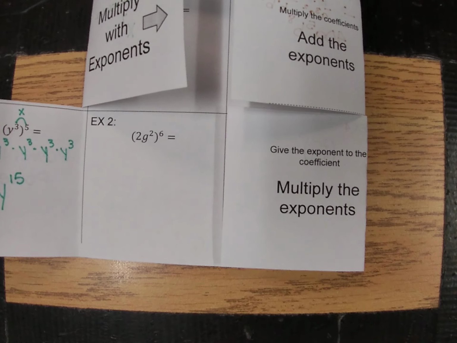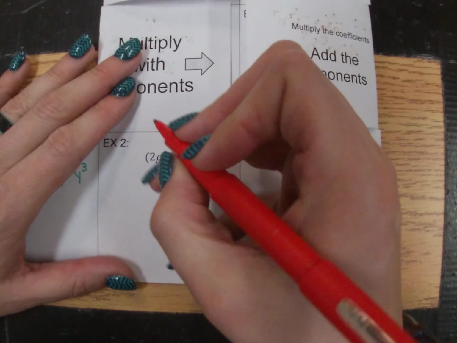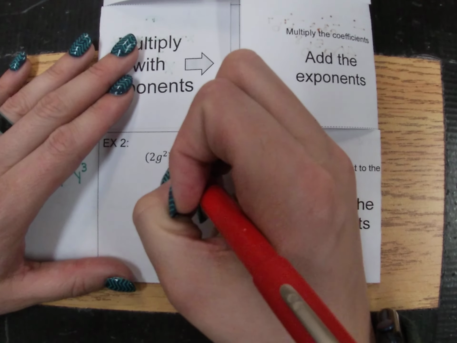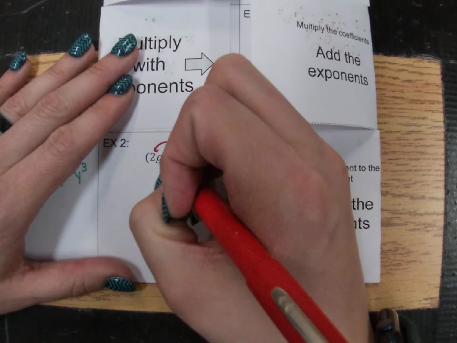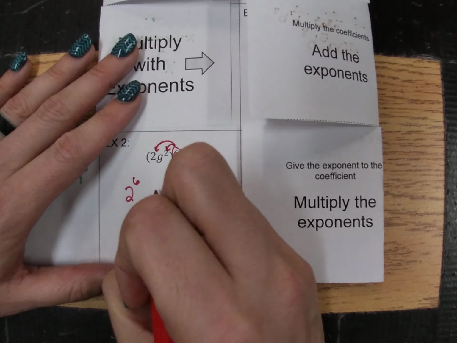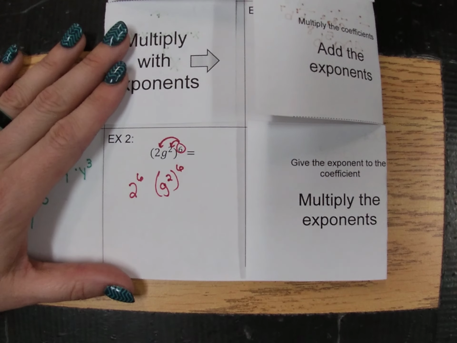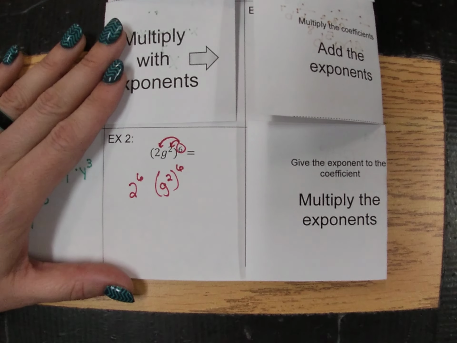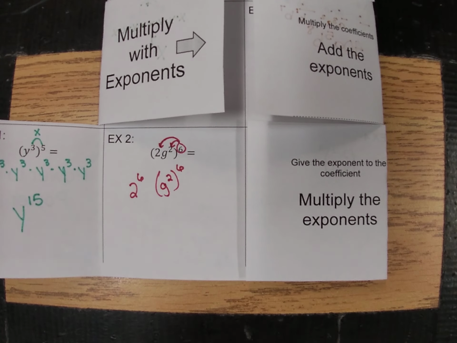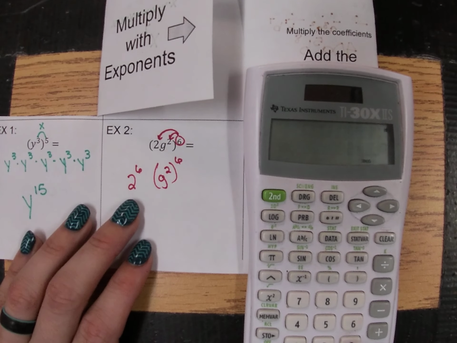So if we have something like 2g squared all to the 6th, this outside exponent gets shared with everything inside. So we really have 2 to the 6th power and g squared to the 6th power. As we deal with exponents, exponents get big really fast. So you might need to use your calculator to do this.